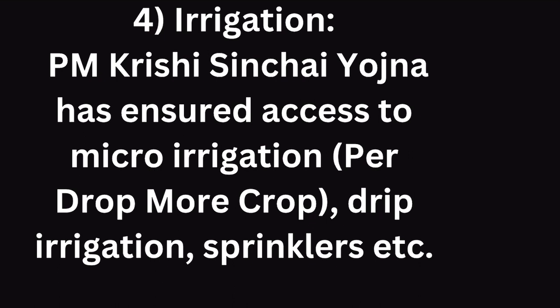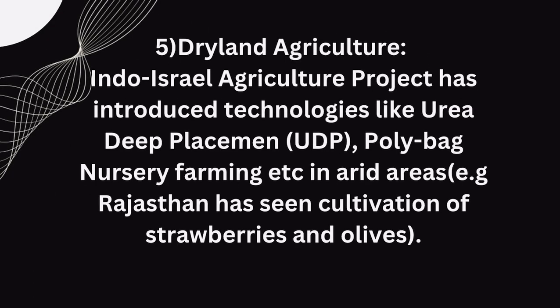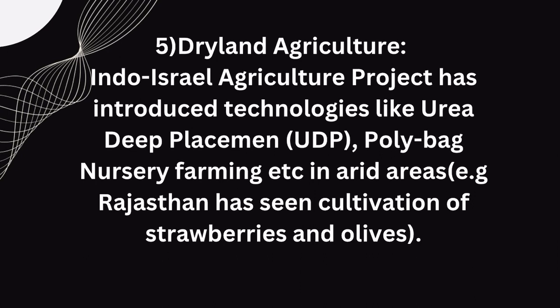Sprinklers are used for irrigation in fields. Next is dryland agriculture. Indo-Israel Agriculture Project has introduced technologies like urea deep placement, UDP, polybag nursery farming, etc. in arid areas. Example, Rajasthan has seen cultivation of strawberries and olives.